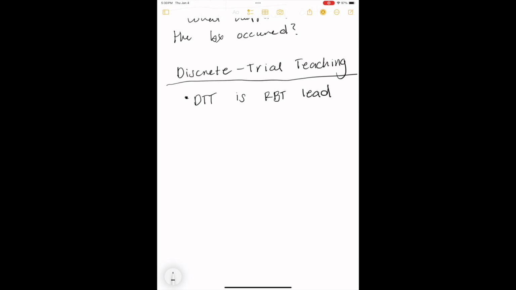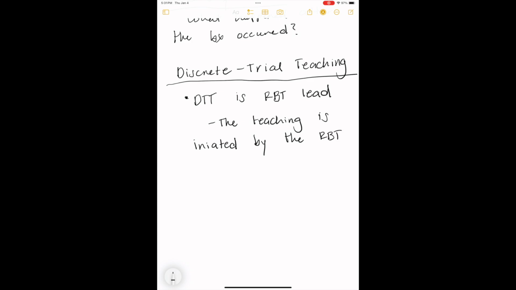The teaching is led or directed by or initiated by the RBT. So I'll write it a little bit better here. The teaching is initiated by the RBT.